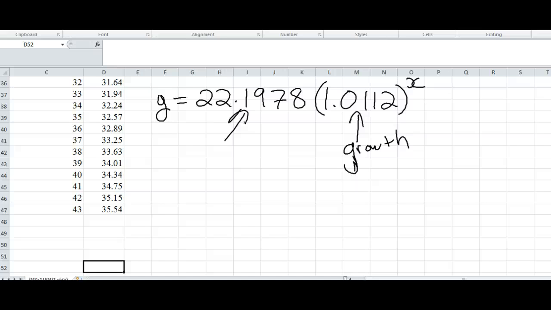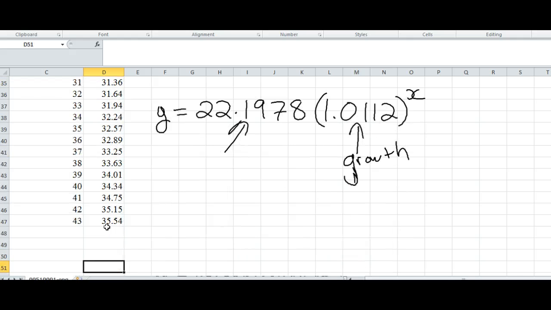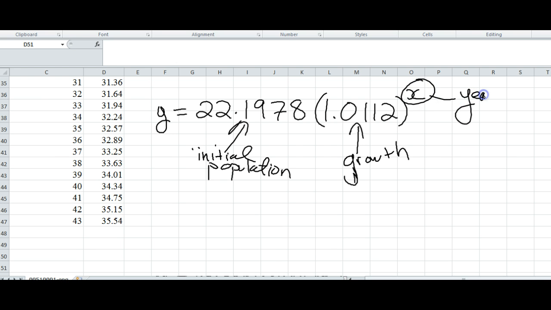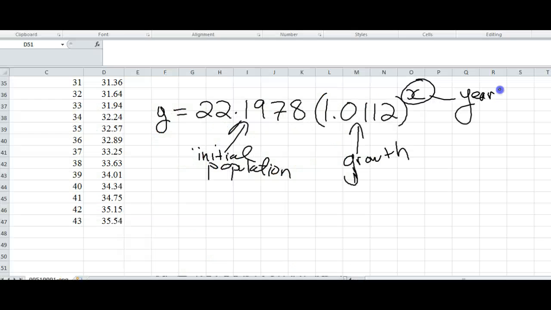So if I scroll back up, that's 21.96, and here it's 22.20. So this is our initial population, right? So in 1971, based on the model. And this is years after 1971.